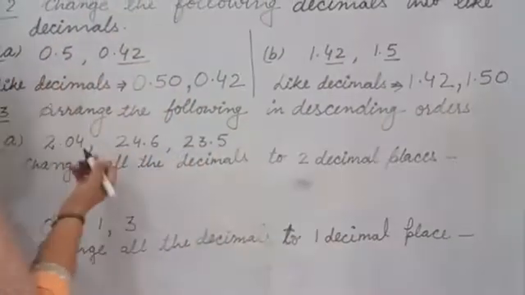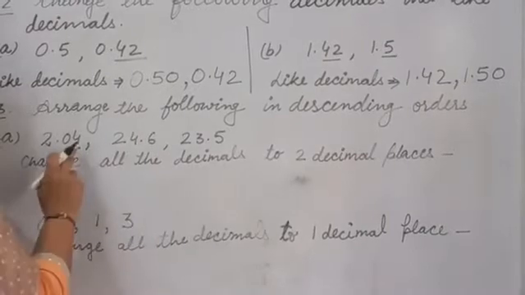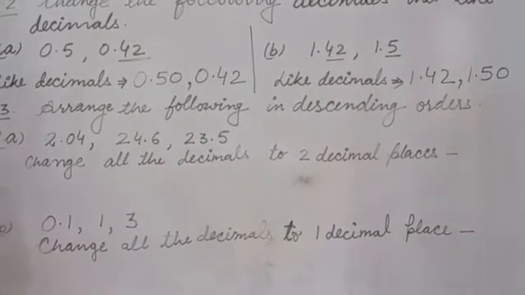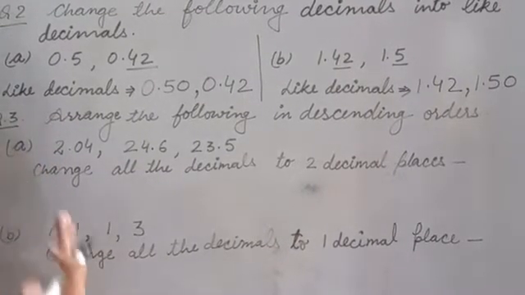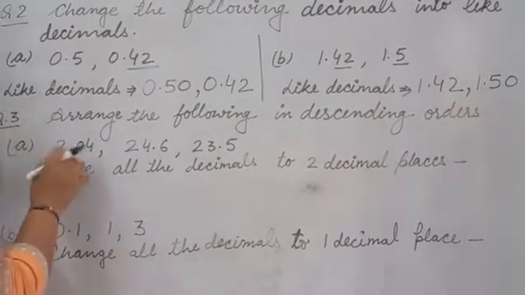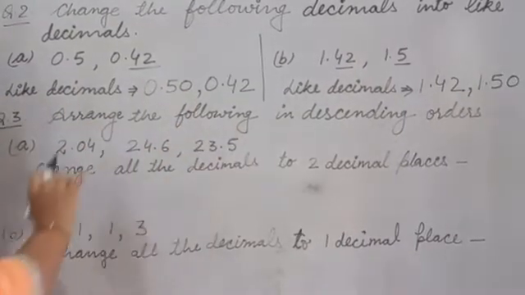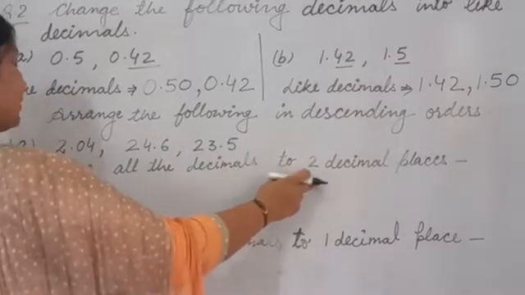Why 2 decimal places? Because the highest number of decimal places is 2. For making like decimals we will take the highest decimal place. Okay, जिसमें सबसे ज़्यादा है उतने ही place हम सब में बनाएंगे. So the highest is 2 places, so there also we will make 2 and there also we will make 2. Highest जिसमें है उतने ही place हमें यहाँ पे change करने हैं.